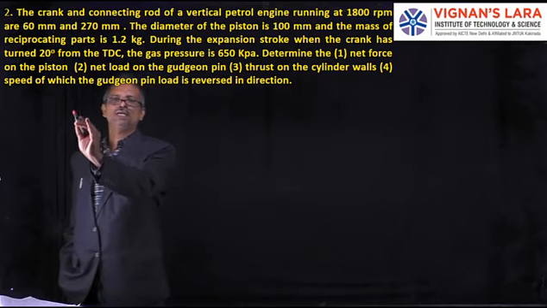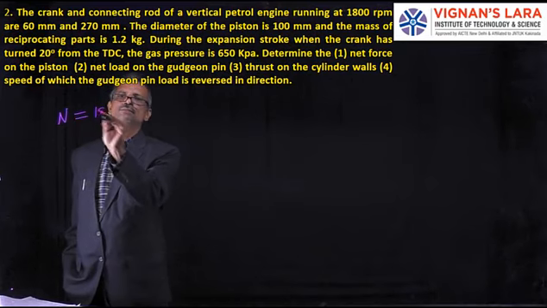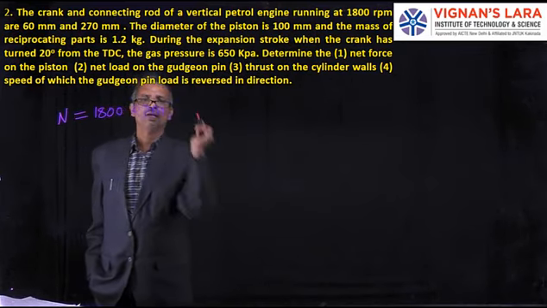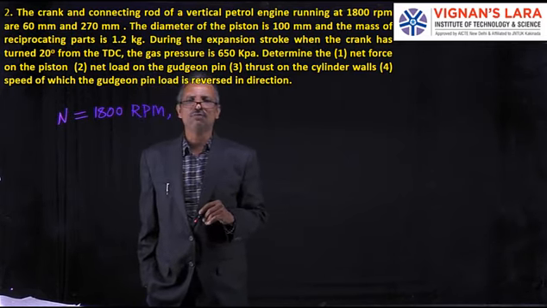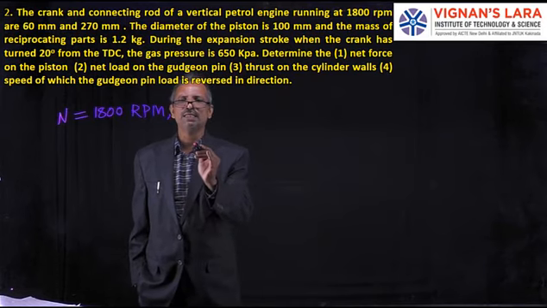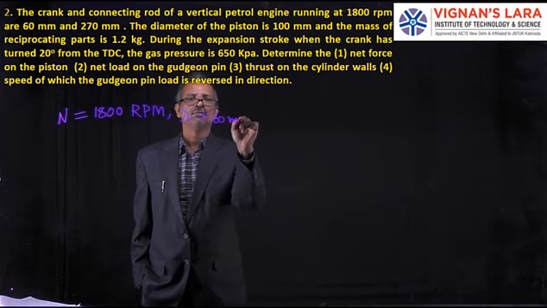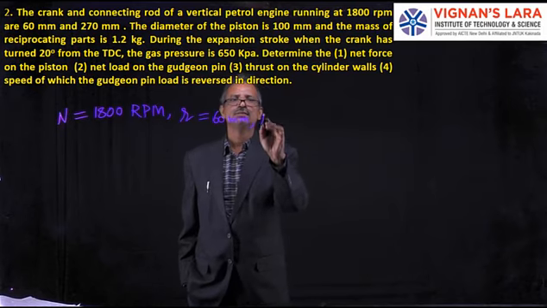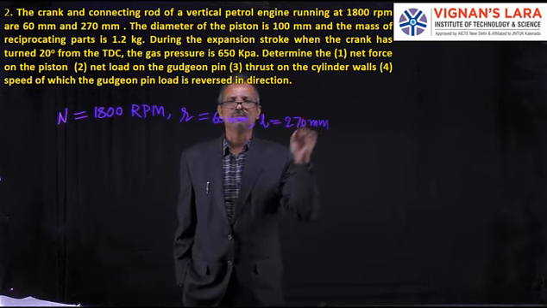The radius of the crank is 60 mm and the length of the connecting rod is 270 mm.